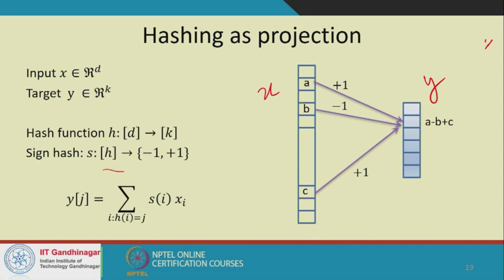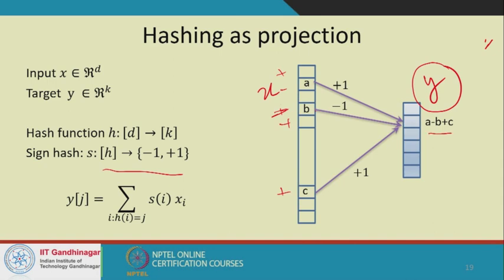We also have a sign hash function that assigns a random sign to each of the dimensions. Maybe it assigns a plus here, minus here, plus here, and so on. Now we obtain the vector y by taking all the entries that are being mapped into a bucket and multiplying them with the appropriate signs.